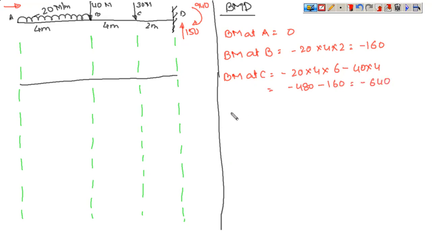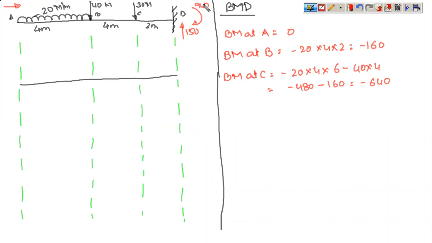So the next point is BM at D. At point D you have moment of two different types. One is a constant moment and one is the moment due to increase in distance.